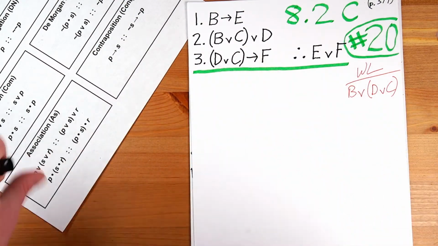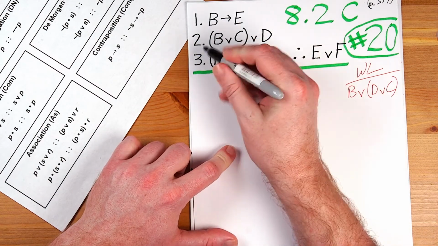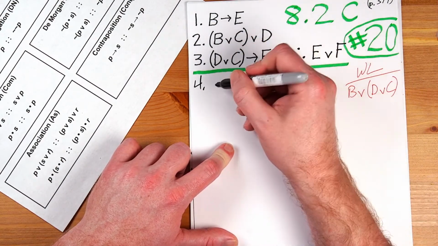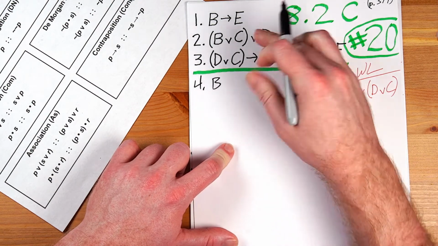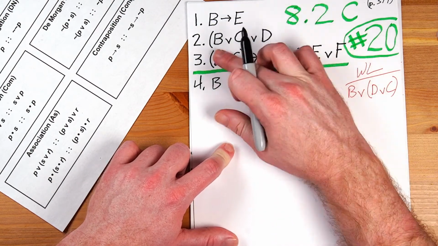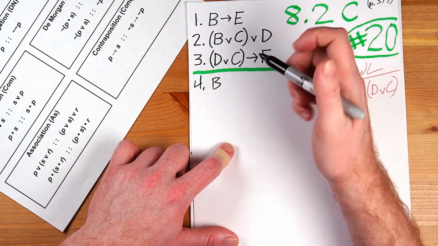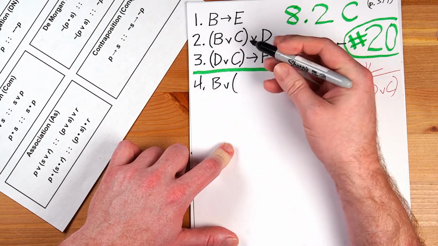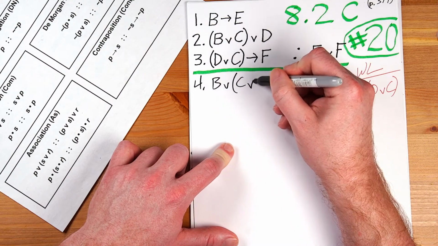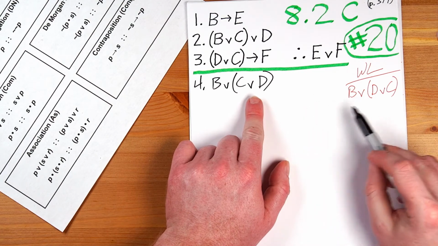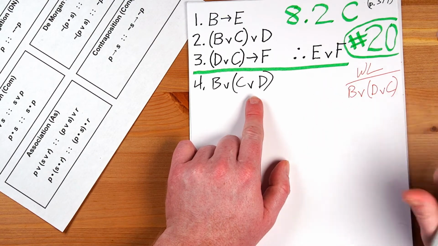So let's do that. We'll take line 2 and use association on it. So that means, instead of B or C being associated, we'll associate C or D. So now it becomes this. And that's getting closer to what's on our wish list.